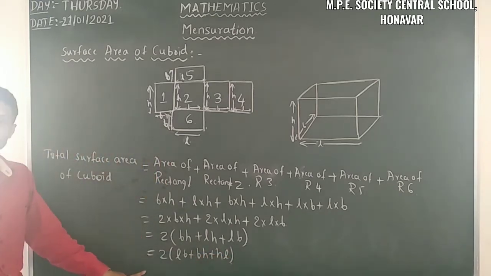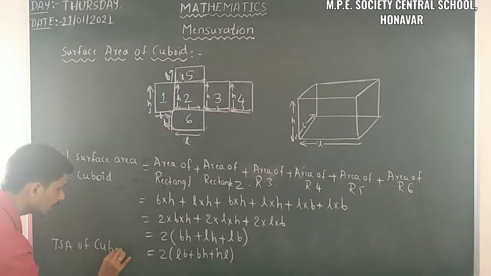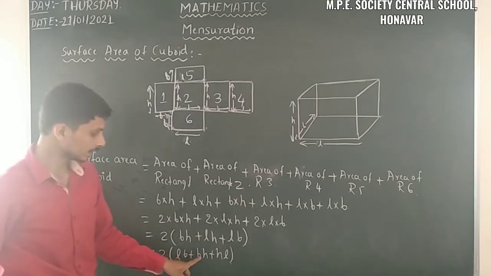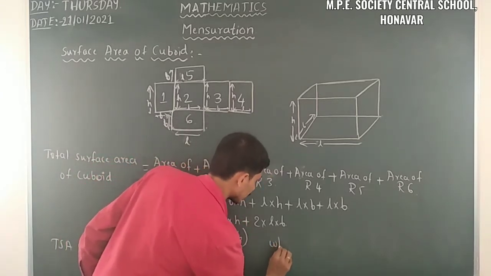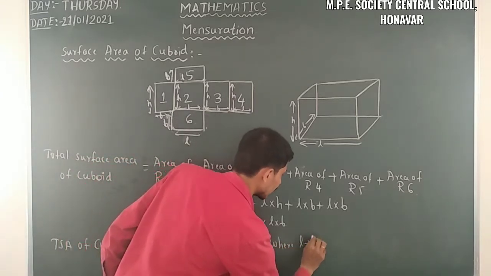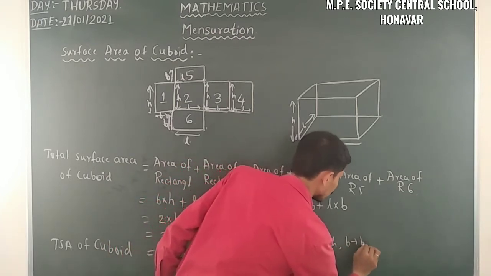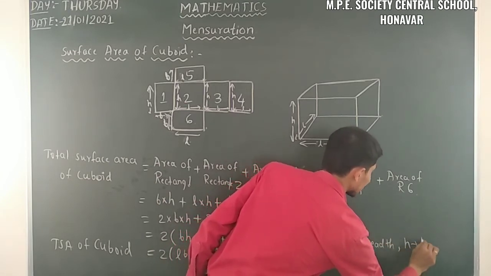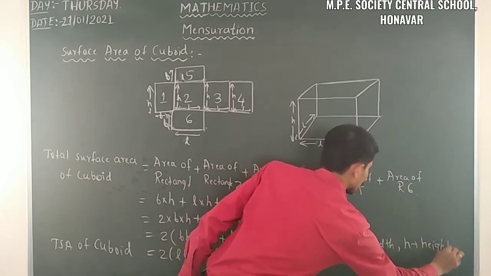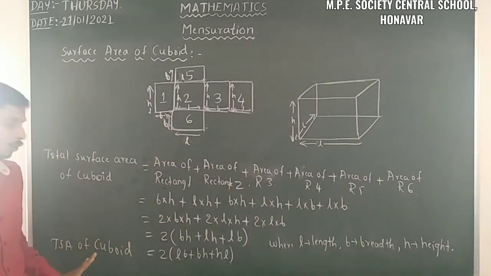So this is equal to the total surface area of the cuboid, that is TSA of cuboid is equal to 2 into LB plus BH plus HL, where L is length, B is breadth and H is height. Yes, this is the total surface area of the cuboid.